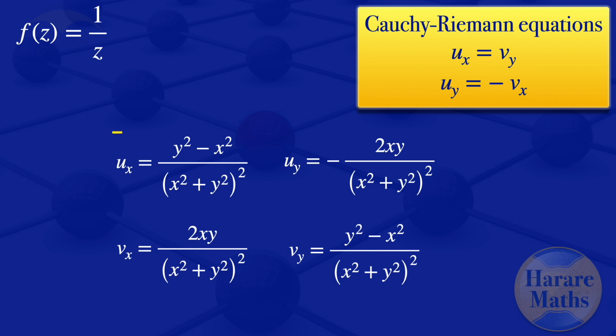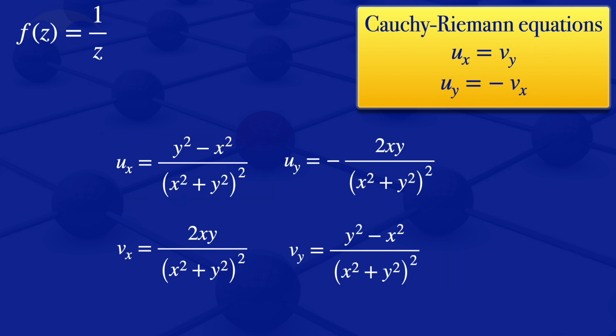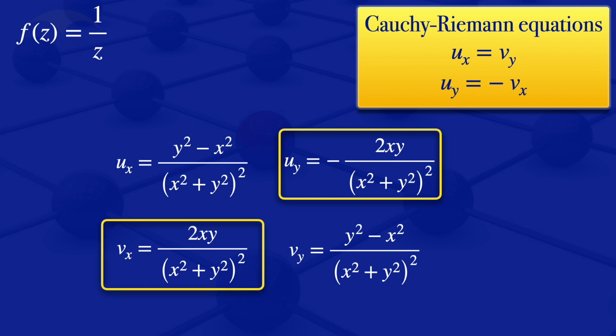Now if we look at the partial derivative of u with respect to x and the partial derivative of v with respect to y, we see that those two are equal, so they satisfy this equation. So we have that one satisfied. Now look at the following: the partial derivative of u with respect to y, there's a minus sign there, and the partial derivative of v with respect to x.